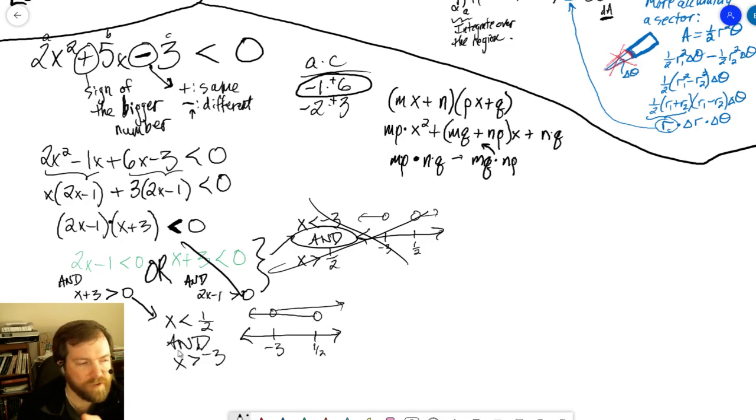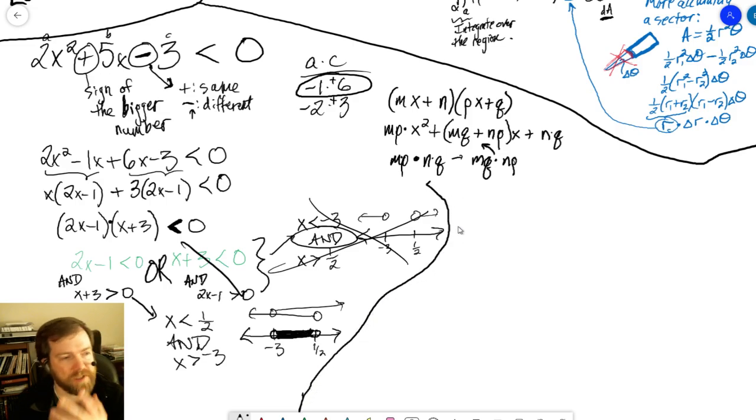And now we want the intersection, so this is open circles at -3 and 1/2, and shade in between. These are acceptable values here. Alright, so that's the AC method, and this is why I don't do algebra beyond this point here.